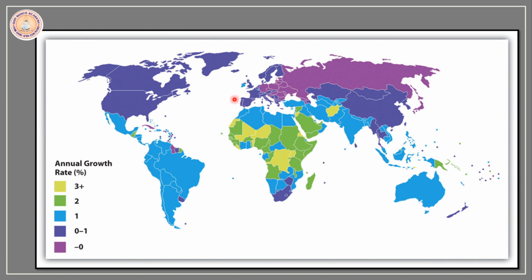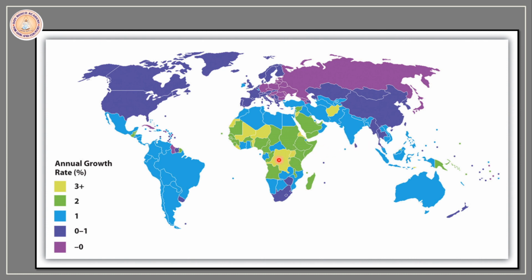Now, the facilities required for lowering the death rate reached the relatively less developed countries later. These countries have managed to reduce the death rate substantially, but continue to have a very high birth rate.